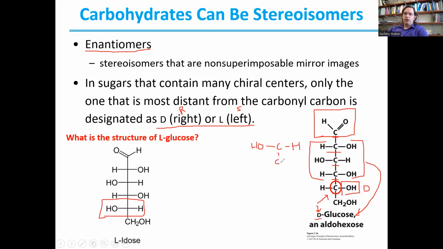And we could just draw our complete mirror image based on our original D-glucose structure. So L-idose just switches that last chiral center, whereas L-glucose would switch every single chiral center as we're building that structure there. So it would look like this in terms of our chiral centers.